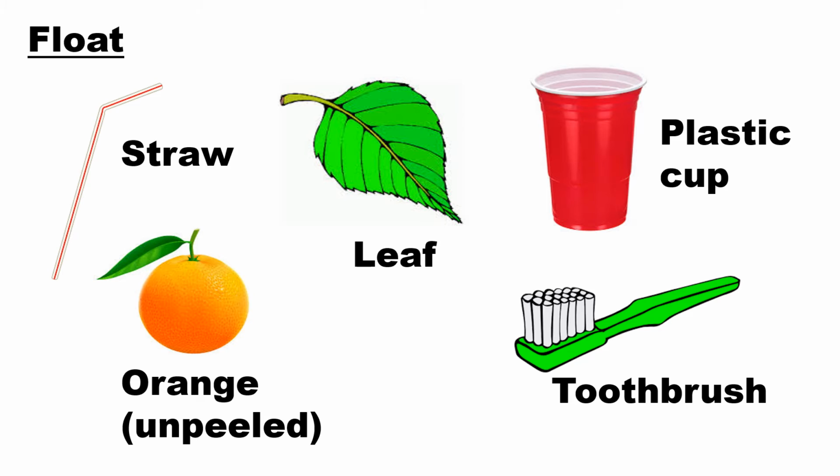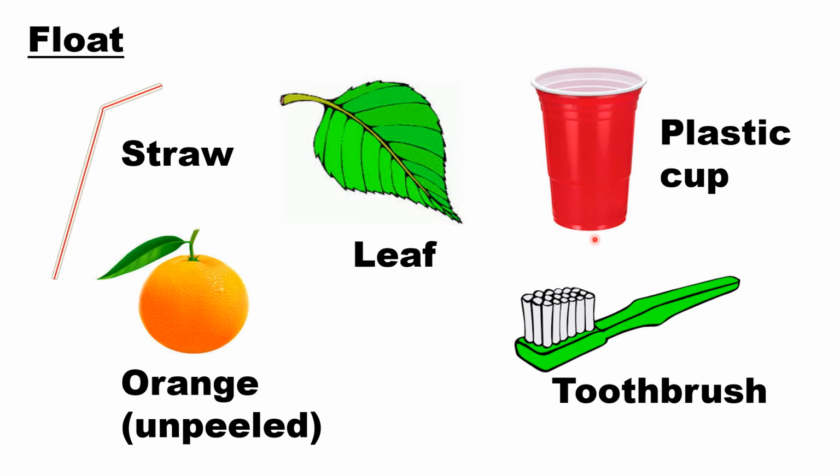Now let's move on with the things that will float. Float. It means that when you put them on the water, they will float. They will not go down. Number one, we have straw. Number two, leaf.